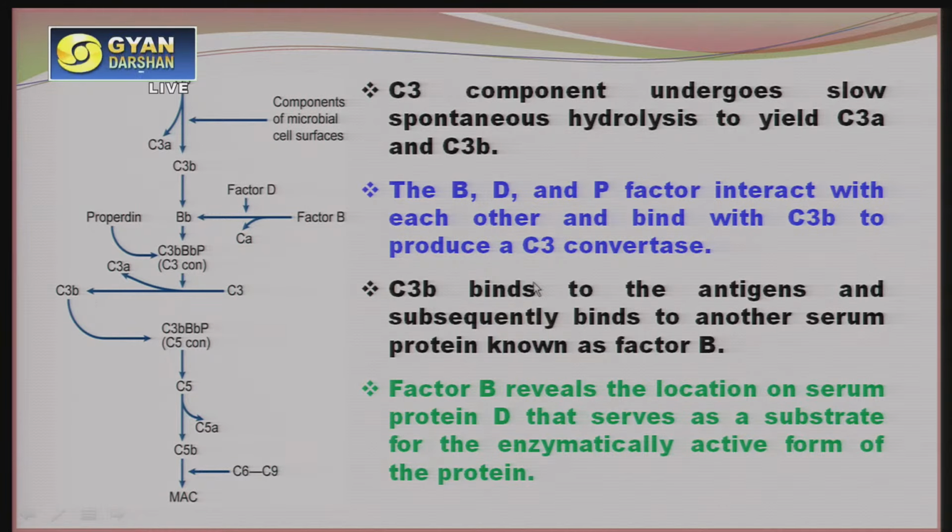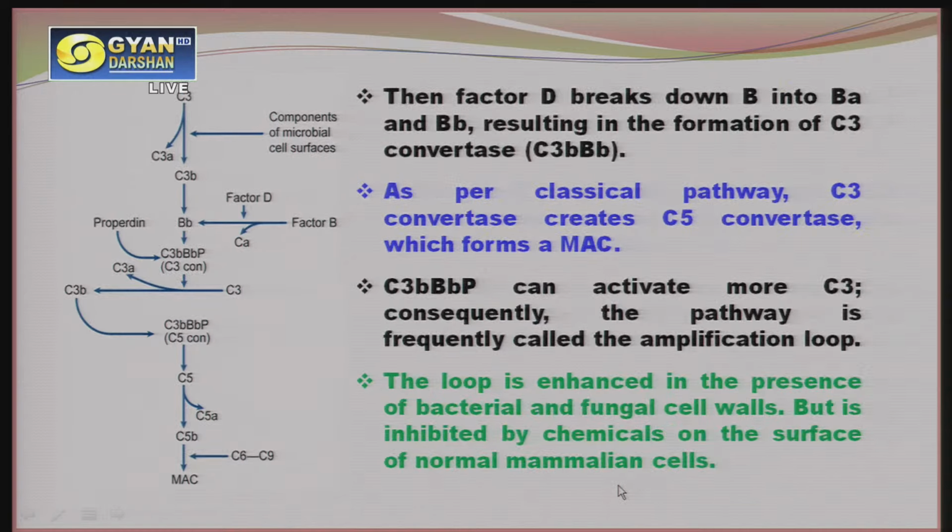C3b binds to the antigen and subsequently binds to another serum protein known as factor B. Factor B is cleaved by factor D into Ba and Bb, resulting in the formation of C3 convertase. Here is the C3 convertase you can see in this figure.